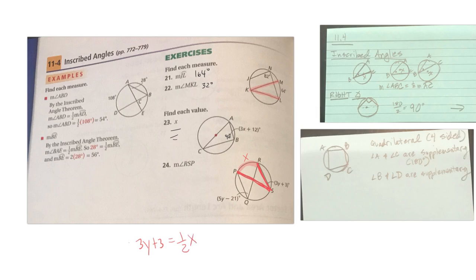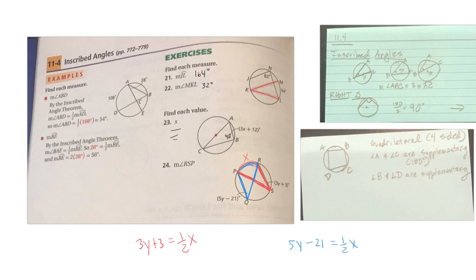Now, we have other information that pertains to this blue angle, which also intersects this arc. The blue angle measure is 5y minus 21, and we know that 5y minus 21 would also be 1/2 x.